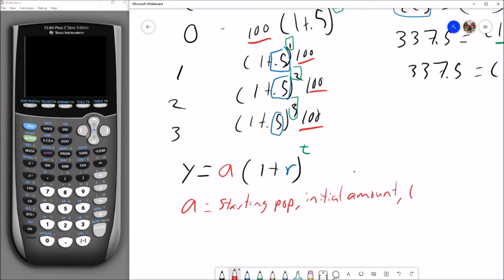We could also think beginning amount. R is going to equal the rate of growth, but it could also be decay. So instead of increasing, company B could have been decreasing at 50% of stores per year, for example. That would require a negative r.